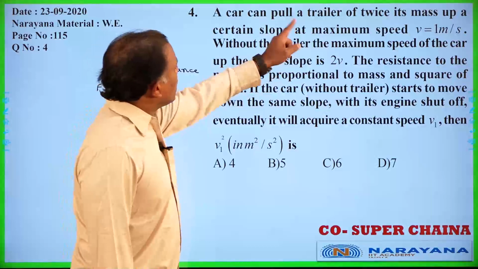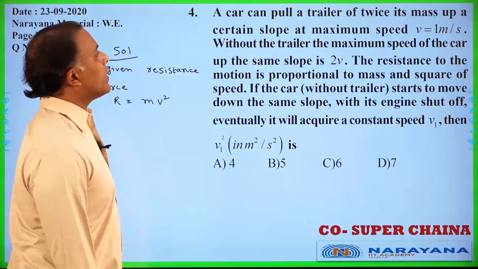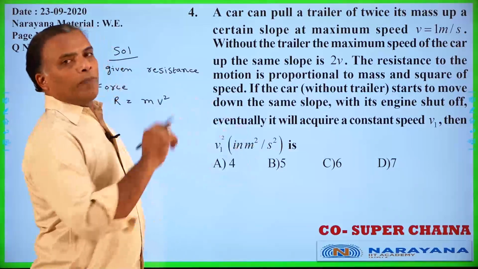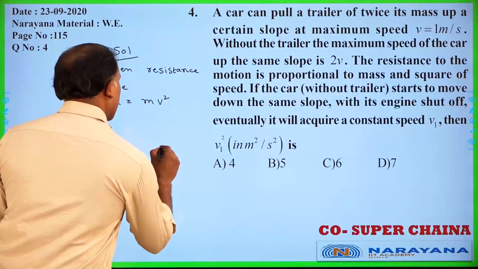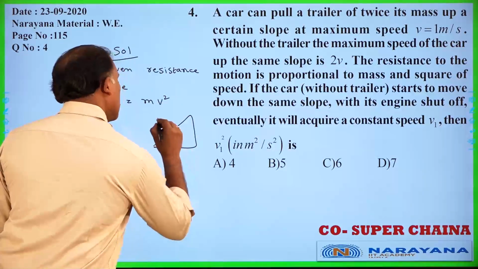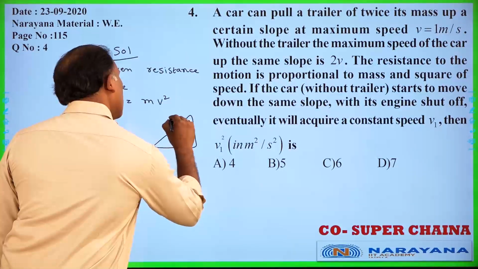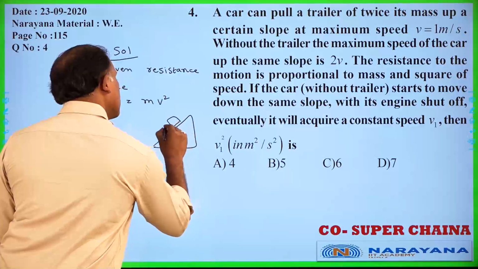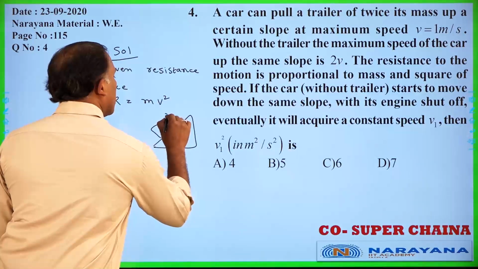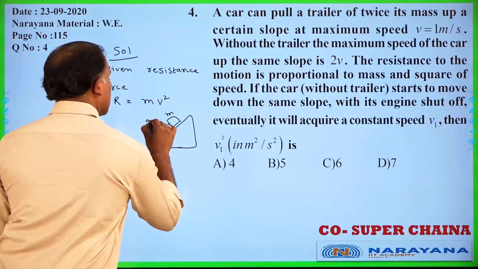And one more thing, when the car is pulling the trailer of twice its mass up the certain slope, that means on the inclined plane. So here is a car and this car is pulling a trolley. This mass is m and this mass is 2m.